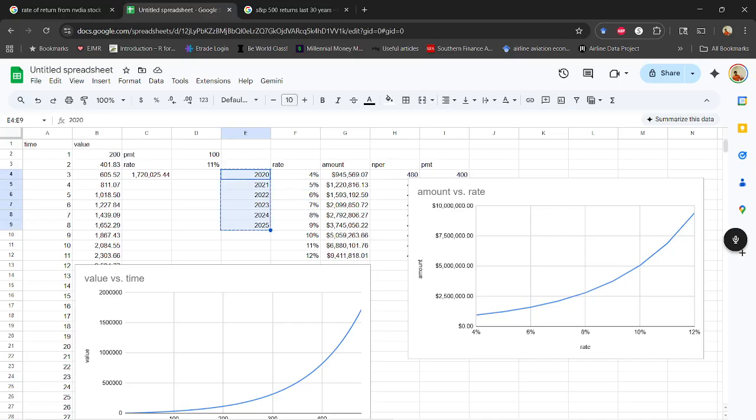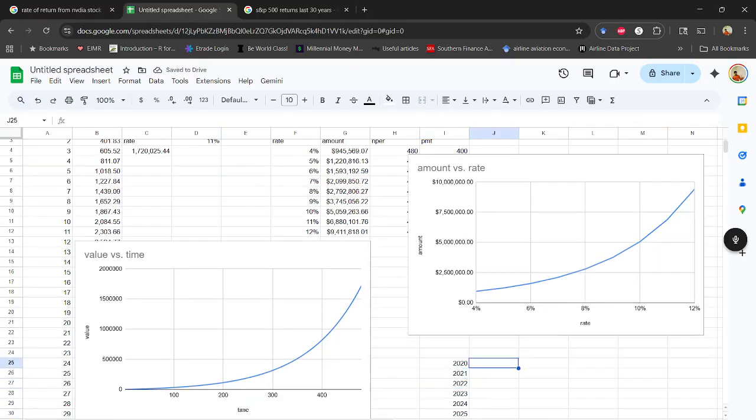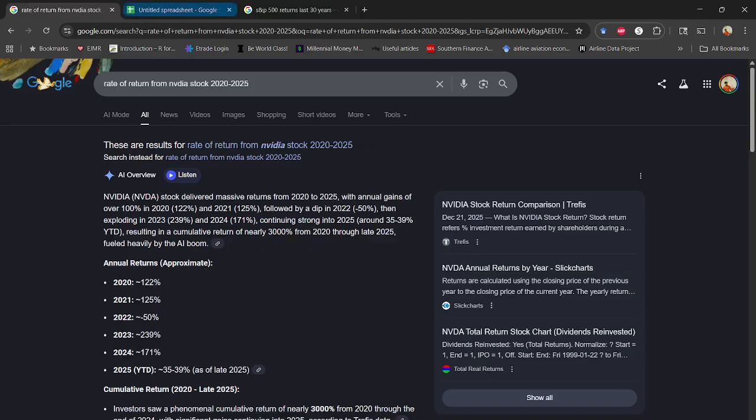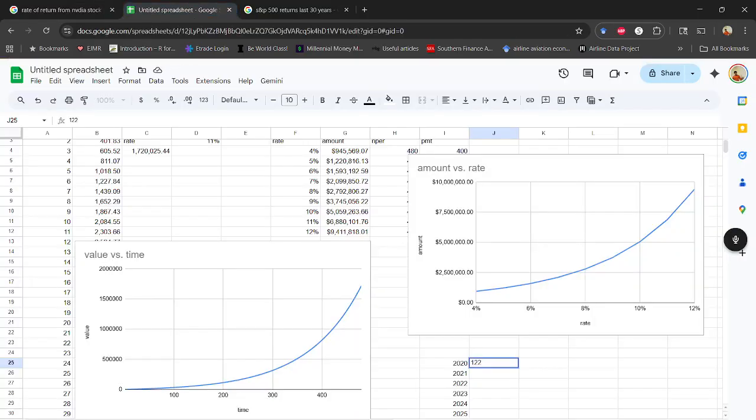We'll first find out the average rate of return from the NVIDIA stock. In 2020, NVIDIA stock gave us a return of 122%, meaning that $1 invested at the end of 2019 would have given us $2.22.